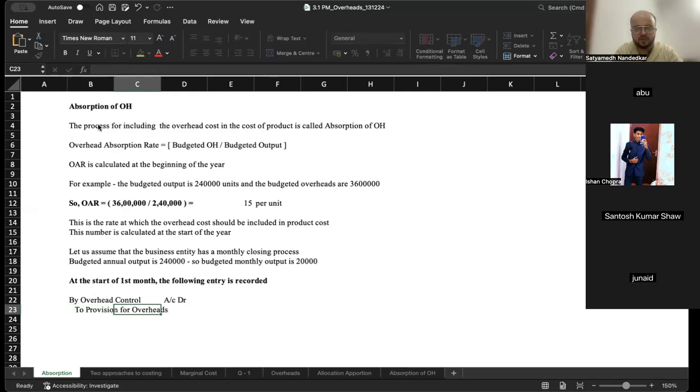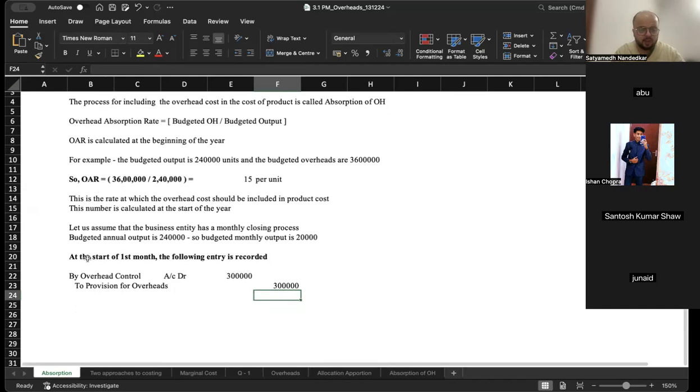Why provision? Because this is the start of the month. We have not yet incurred or paid anything. So you will record an entry overhead control account debit to provision for overheads, which is your budgeted number. My budgeted number will be 20,000 units into 15, that is 3 lakh. This is the entry that I record at the beginning of the month.